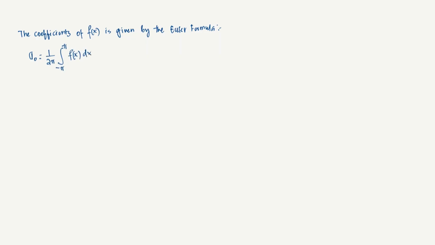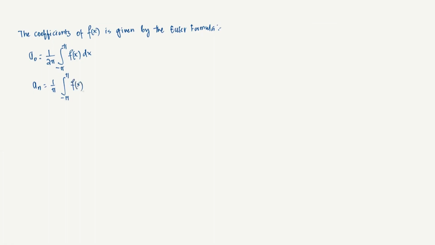Okay, an will be given by 1 by pi. So the first one, the coefficient is 1 by 2 pi. The second one, the coefficient is 1 by pi. See, there is no b0. There is a reason for that, because b0 would correspond to sine 0x, which is 0. So basically there is no b0. So a0 is there. An is 1 by pi integral from minus pi to pi of f of x.